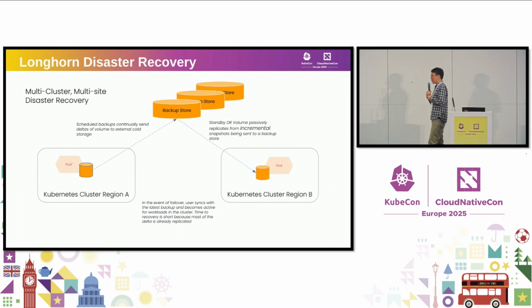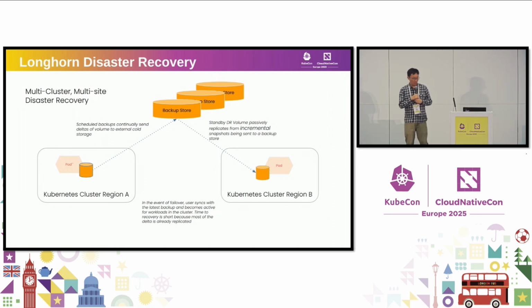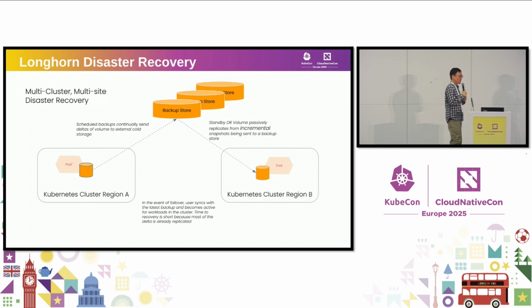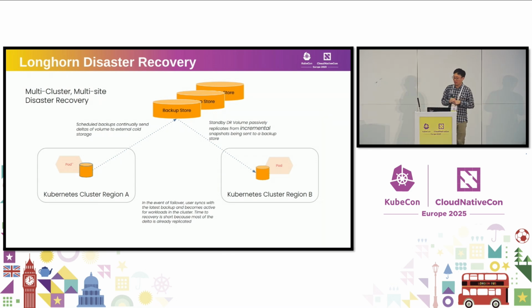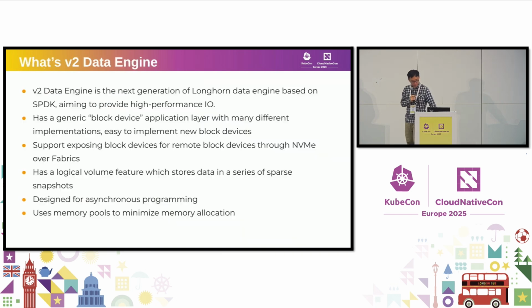What traffic goes through? Does it go through the cluster network, or can we leverage a Longhorn storage network, a dedicated storage network for the traffic? For backup right now, no. The storage network is only for the data plane traffic, for the engine and replica. But this is an item we want to do.